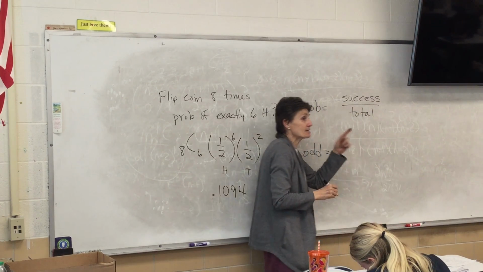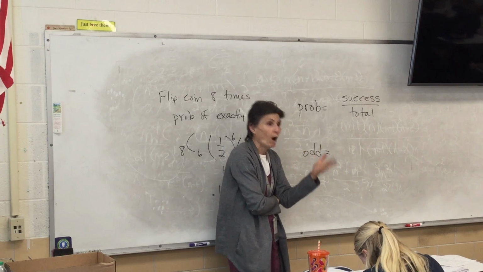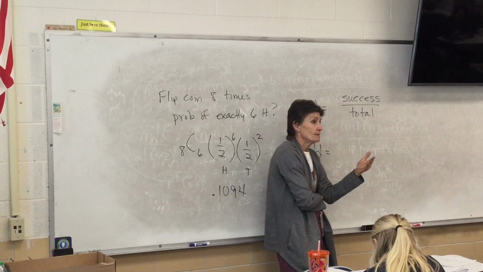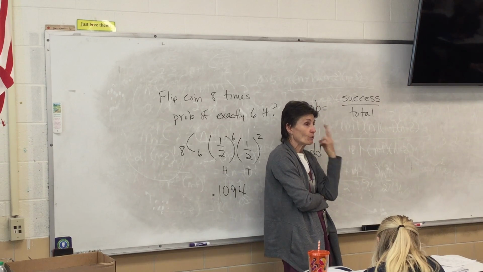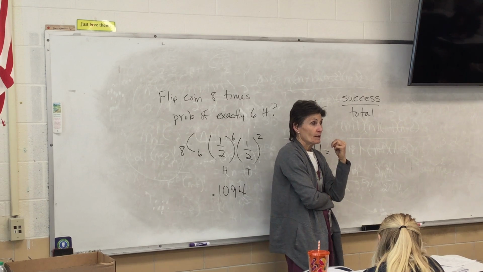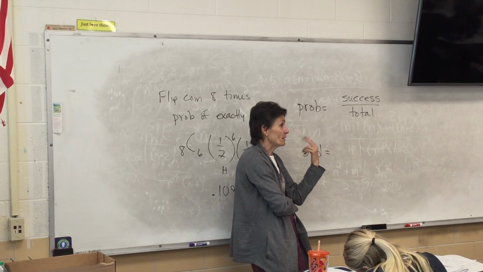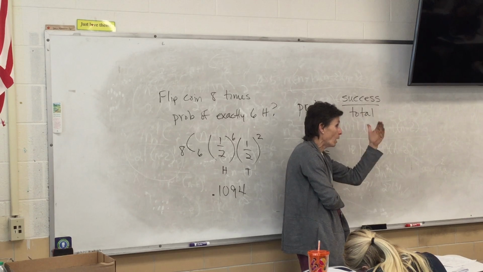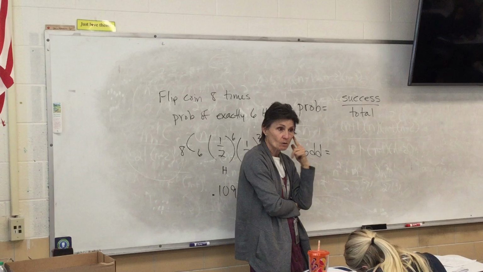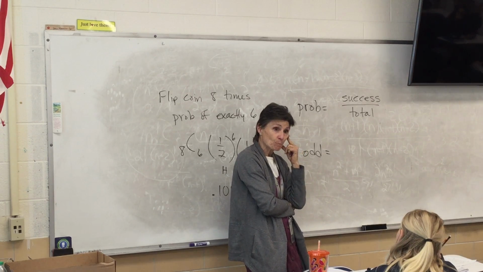Now, by success, we mean what you want. So if you want heads, there's one head, and there are 2 total faces. If you were rolling a die, the probability of getting a 3 is 1/6, because there's 1 three, and there are 6 total faces. That's probability.